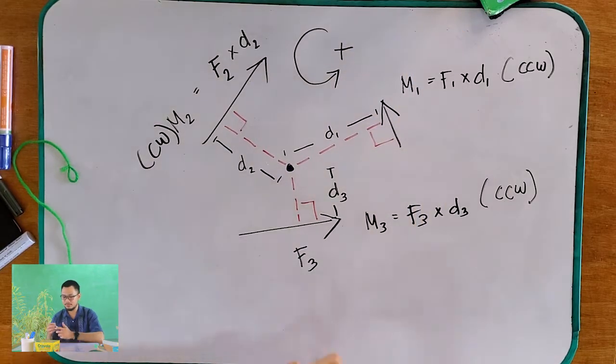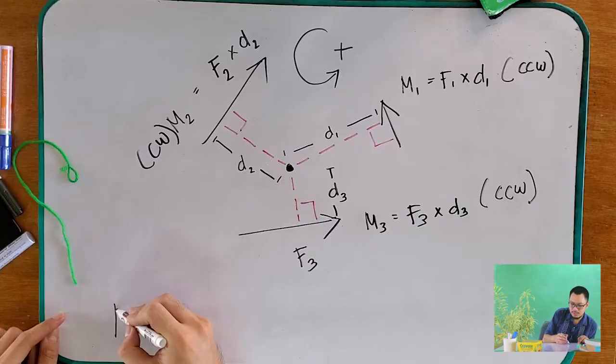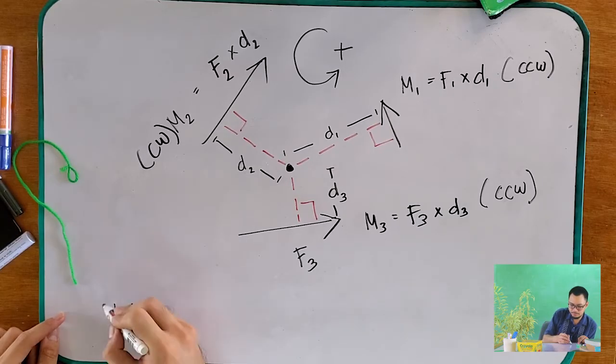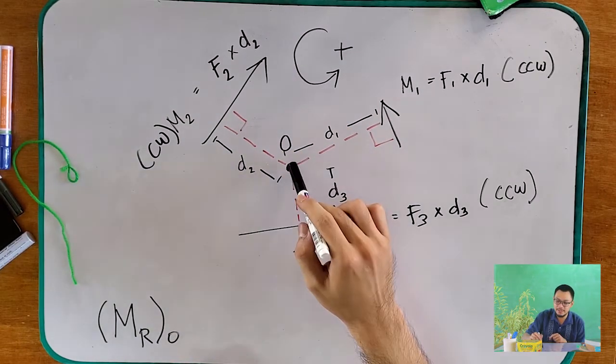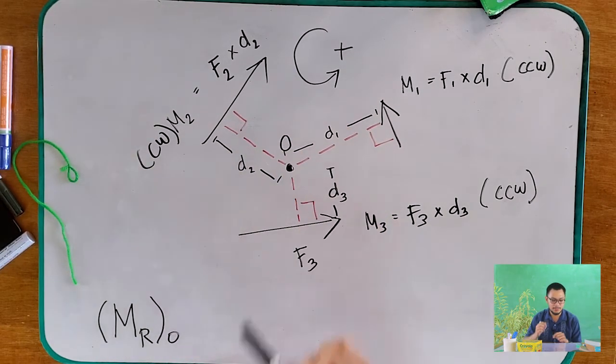So the question is, how are you going to sum these moments? All you have to do is, MR sub O, which means the resultant moment about point O, our moment axis.